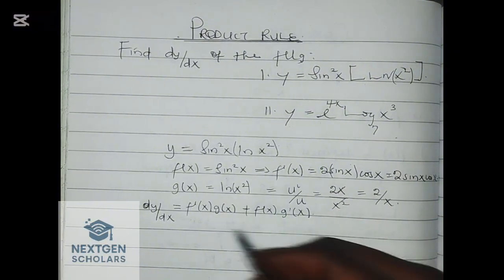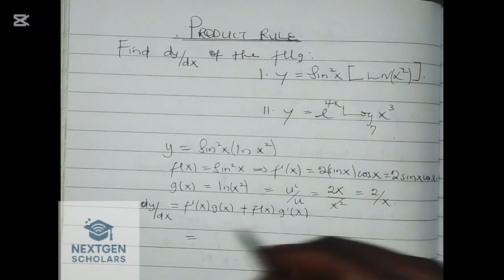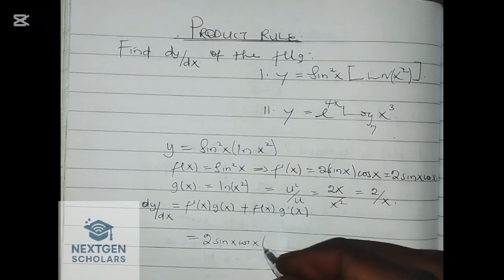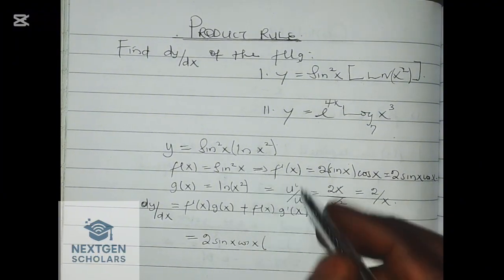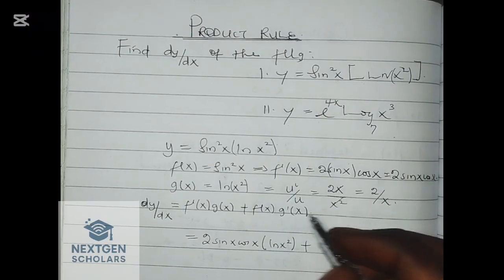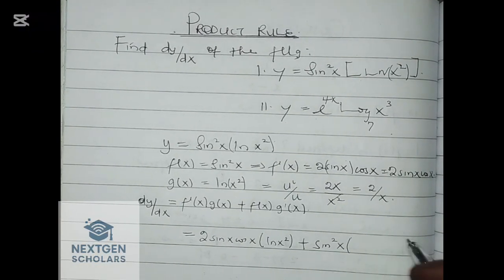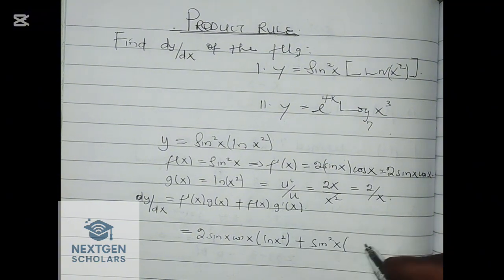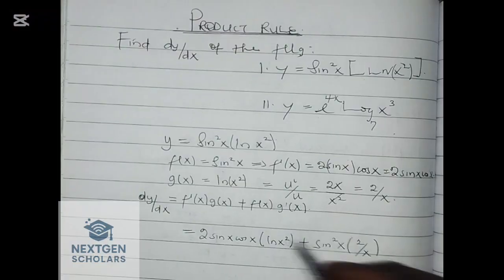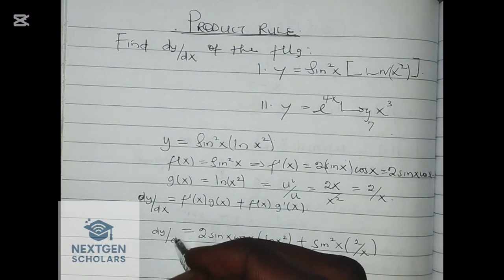Let's compute what we have. f prime of x is 2 sine x cos x multiplied by g of x, the second function, ln x squared, plus we keep the first function, which is sine squared x, multiplied by g prime, which is 2 over x. So at the end, this is what we get as the derivative of the first question.